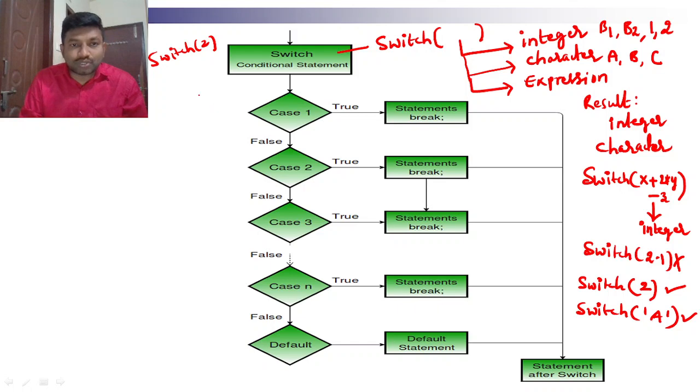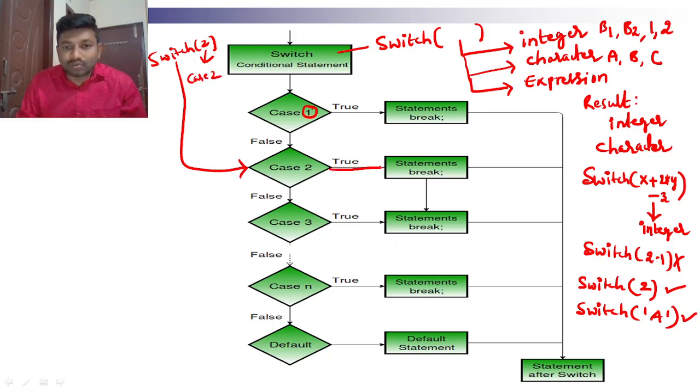Now, is it block 1? No, it is not block 1. So it is given as block 2, and that can be handled as case 2. Switch 2 means the 2 refers to which case it is. So case 2, block 2, whatever you write under case 2 gets executed.